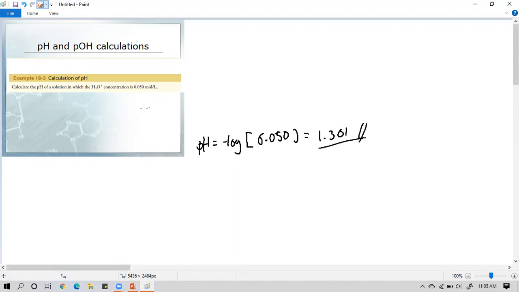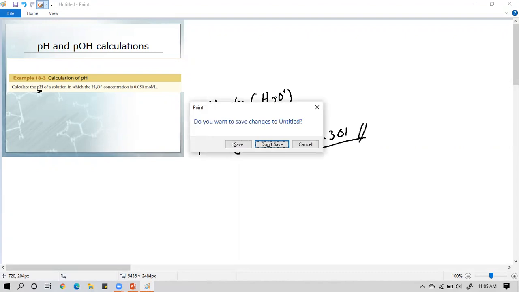That's how you answer it. Calculate the pH, which is just the negative log of the hydronium ion. Let's proceed to our next problem.